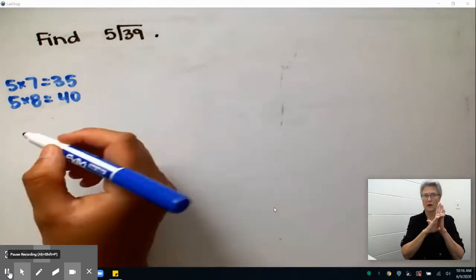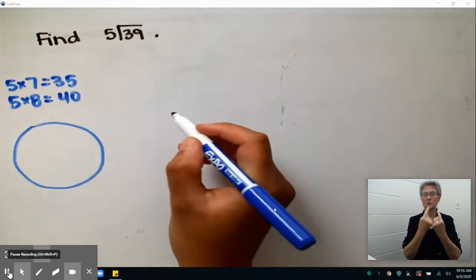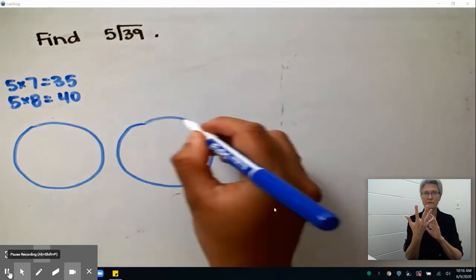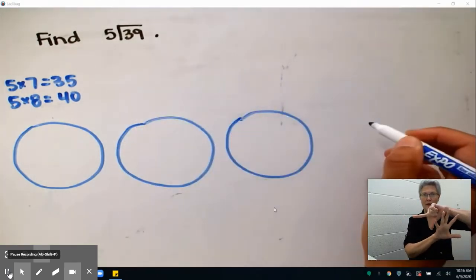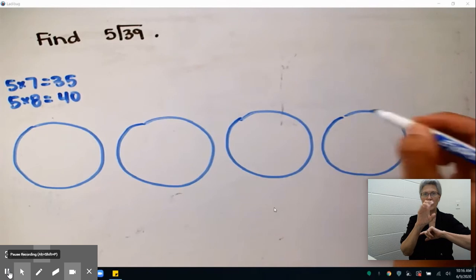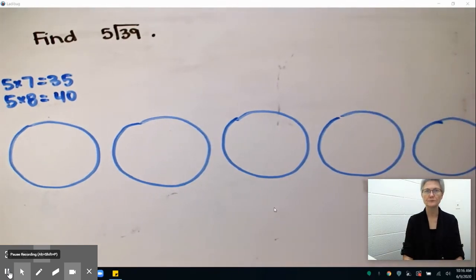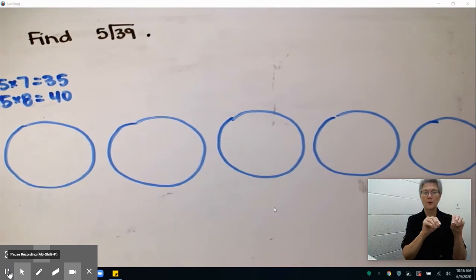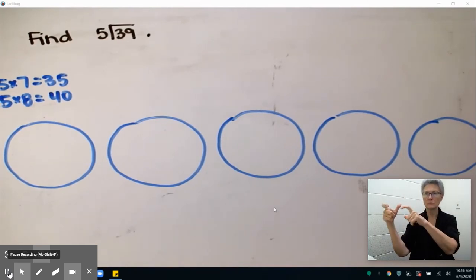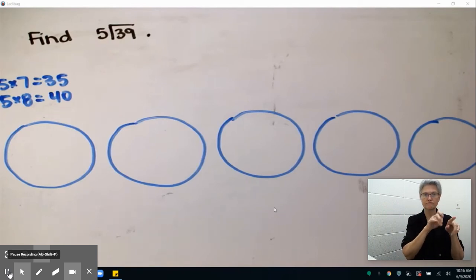I'm going to draw 5 groups to represent the 5, and that's our divisor in this problem. Then I'm going to place a mark in each circle one at a time, counting as I go to get to as close to 39 as I can without going over.